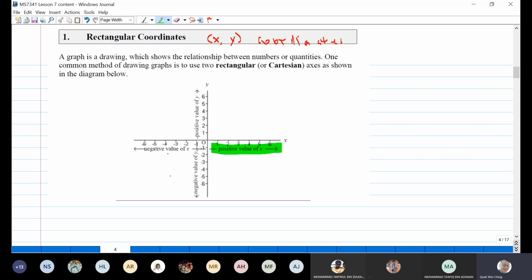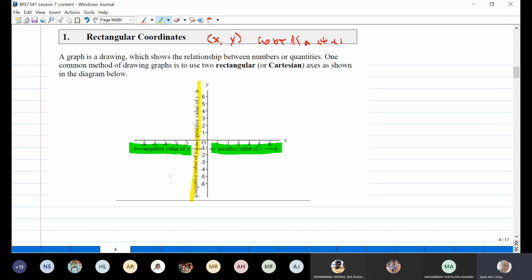On the left hand side, your X is negative. Then on the upper half above 0, your Y is positive. Below 0, the downward side, the Y is negative.